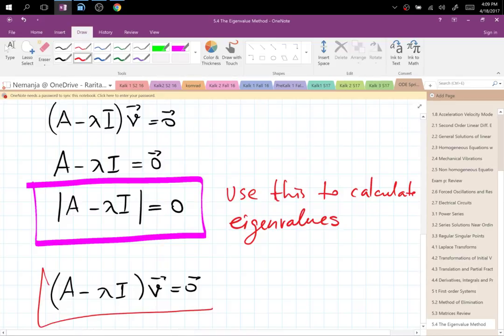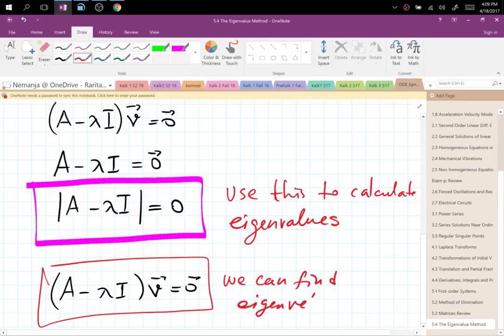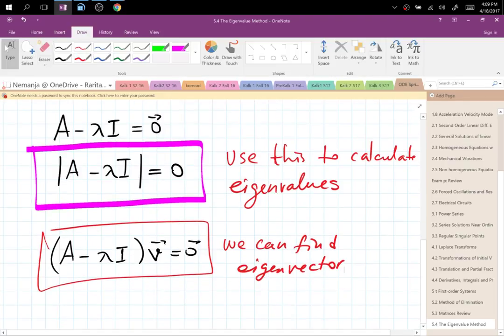So use this one to find your eigenvector. Technically what you are learning are those two formulas that are boxed in, but then you can also learn the derivation and then use it, if that makes you happy.